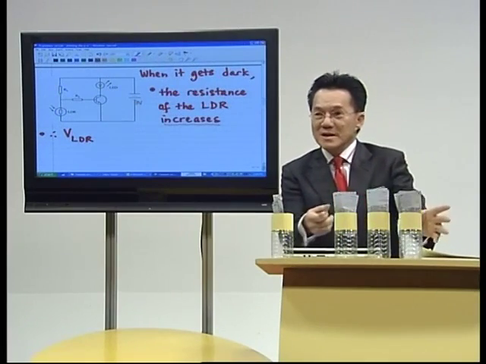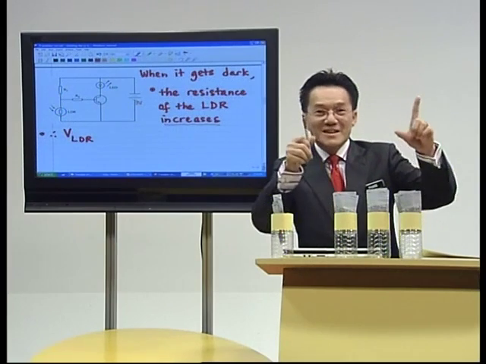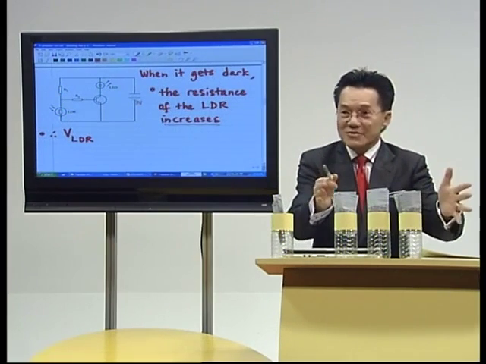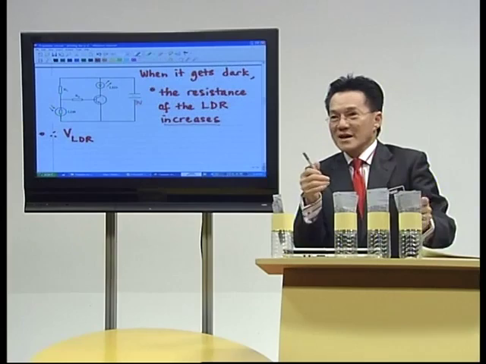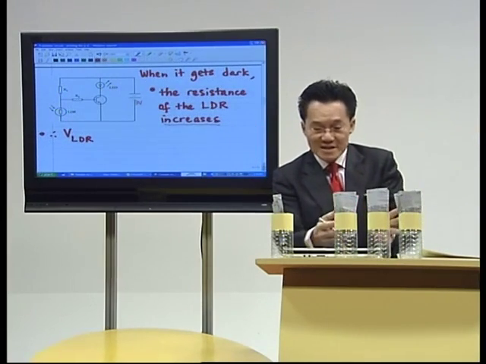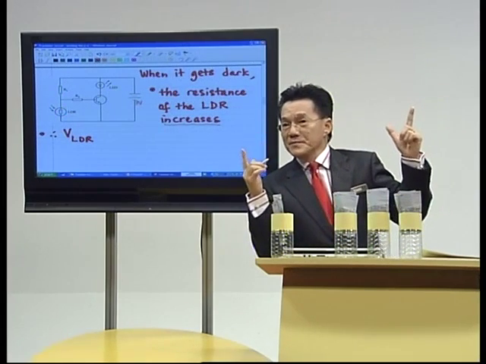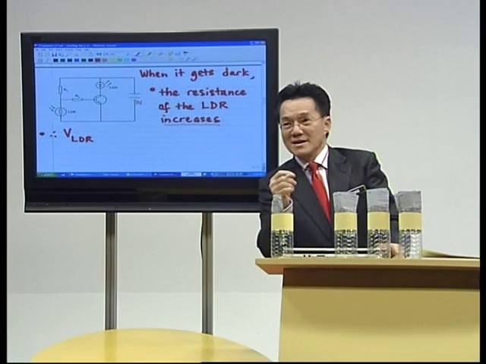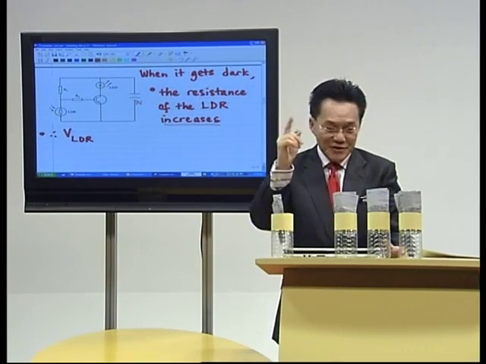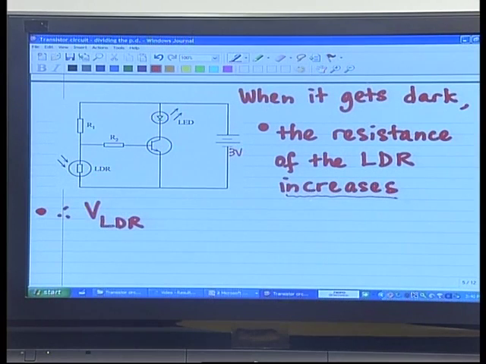Remember, look at the money here. Alright, the bigger the resistance, the bigger the voltage across the resistor. Okay, can you signal to me by your hand whether the voltage goes up or is coming down now? Does it increase or decrease? You can see that it increases, isn't it? Okay, so the potential difference across the LDR increases.